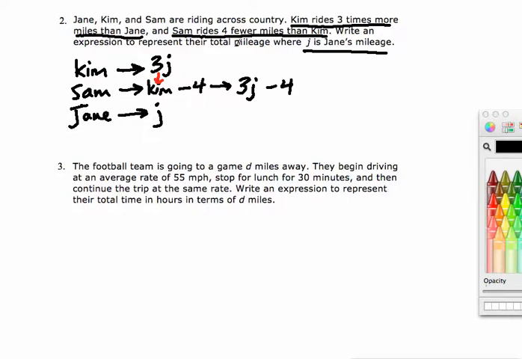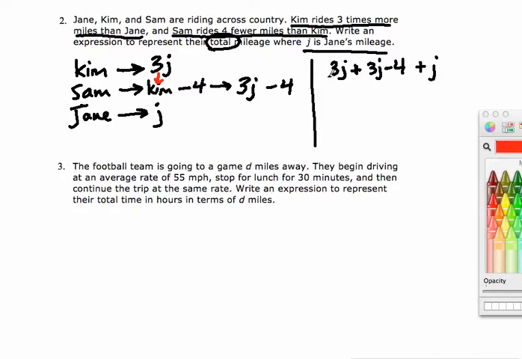All right, and if we're looking for total mileage, that means we have to add. So 3J, Kim's mileage, plus Sam's mileage, plus Jane's mileage.